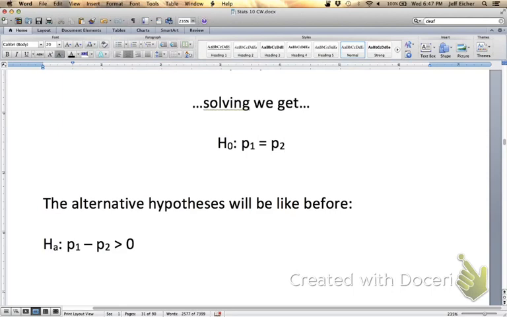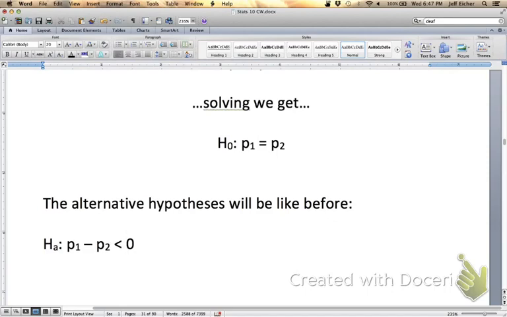The alternative hypothesis is going to look kind of like it did before. You're going to have a greater than sign. You're going to have a less than sign. Or you're going to have a not equal to sign. I'm not going to try to type that in.